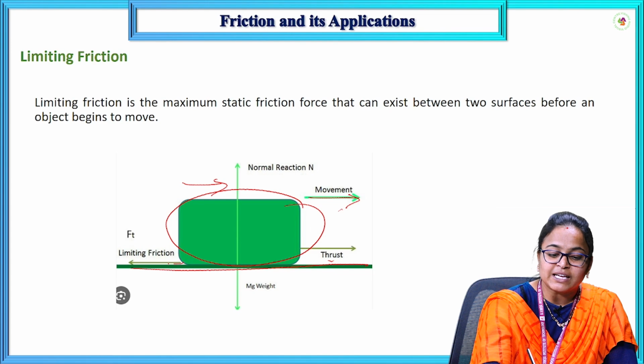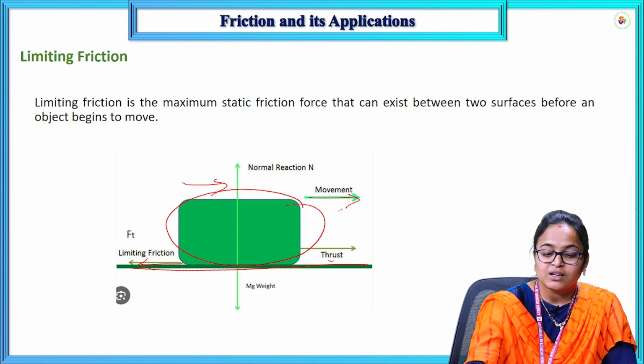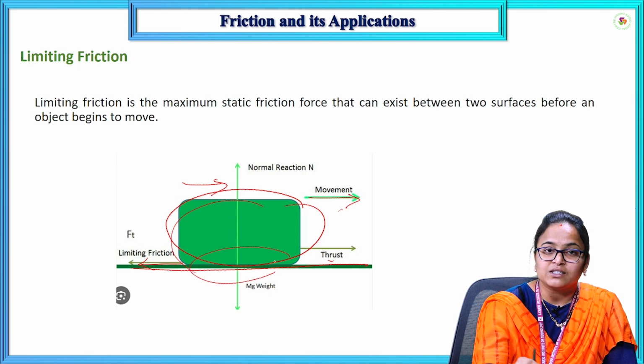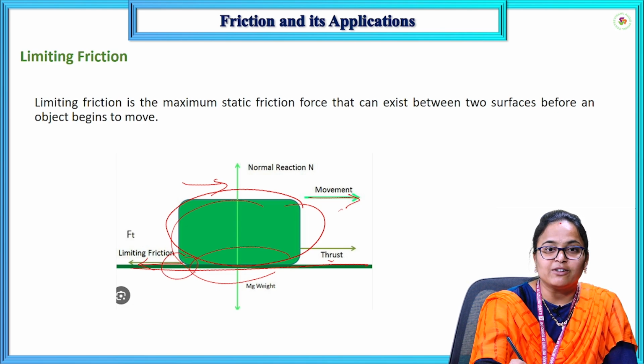So there is an opposite force which is opposing the movement of the block. So here this block will just start moving because of the applied force. This is nothing but limiting friction. That means where the block just starts moving is nothing but limiting friction.